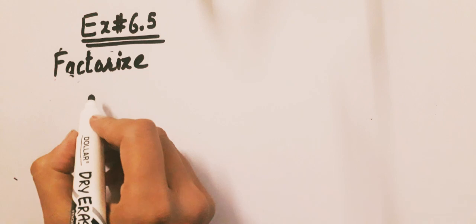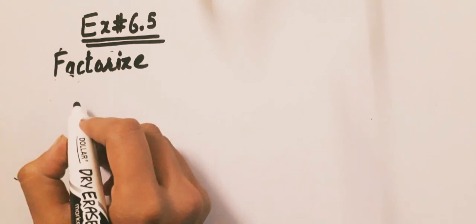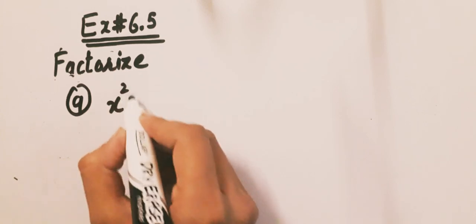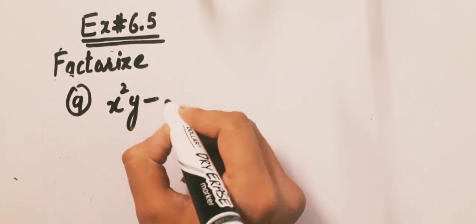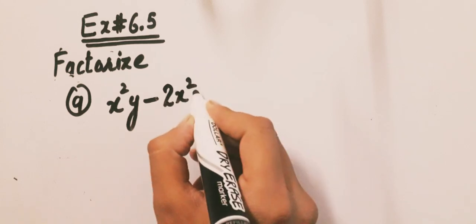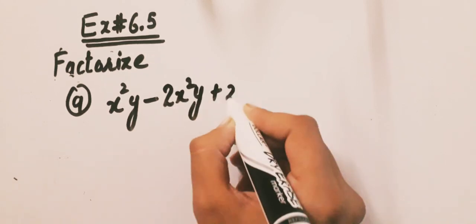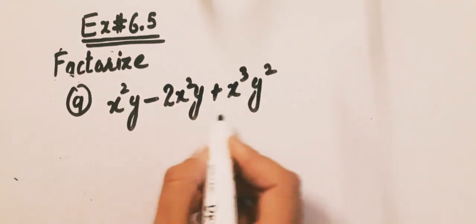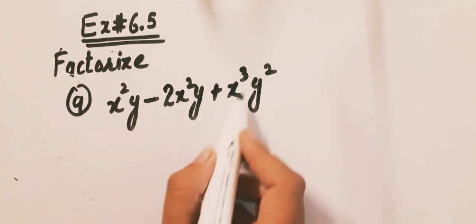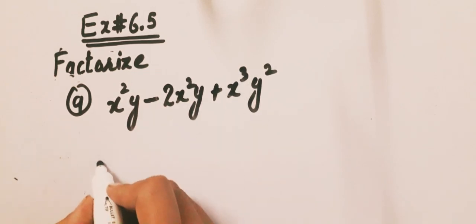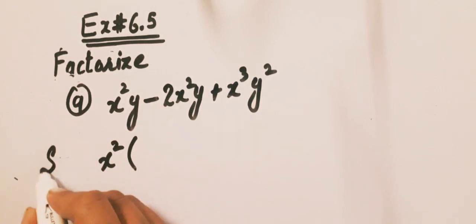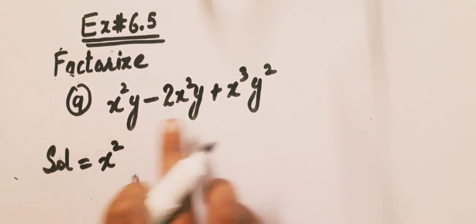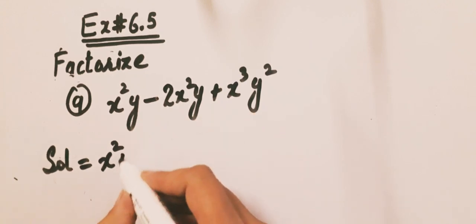Now we will solve part number 9, that is x square y minus 2x square y plus x cube y square. You will take x power 2, x power 2, x cube. So x power 2 as common, and y power 1, y power 1, y2, you will take y as common.